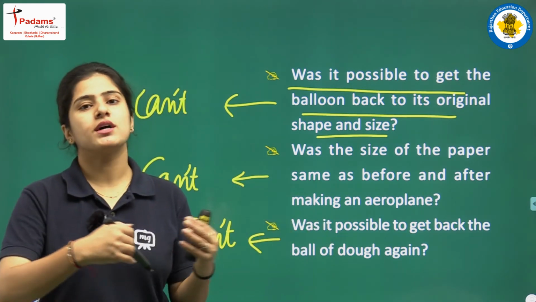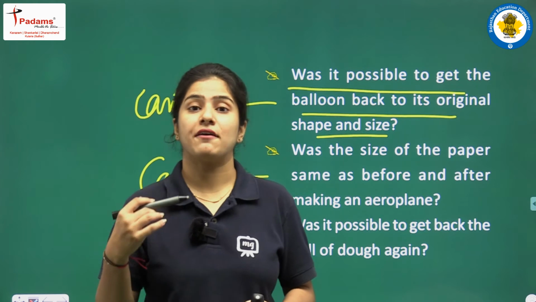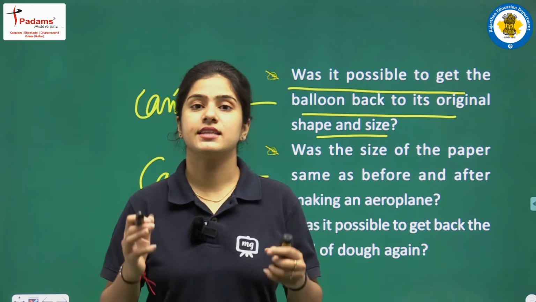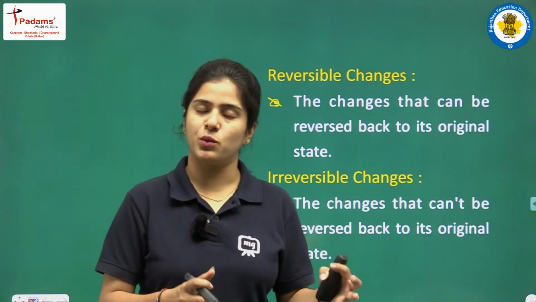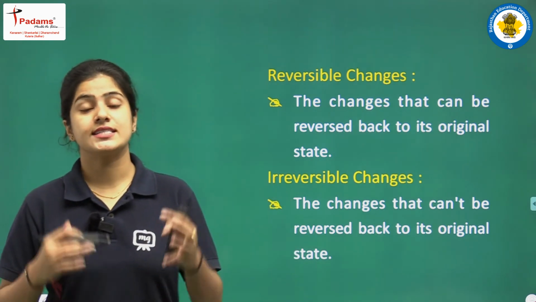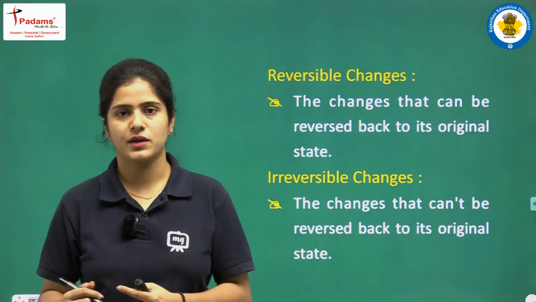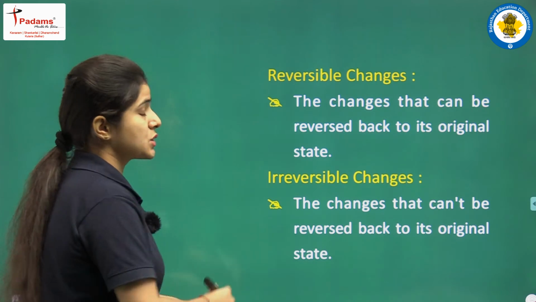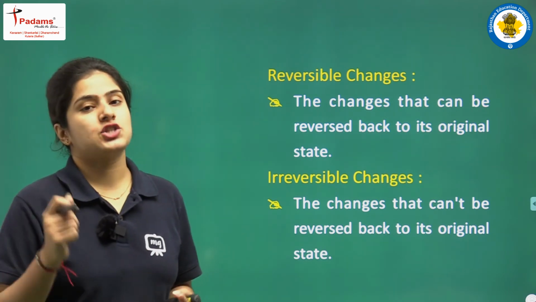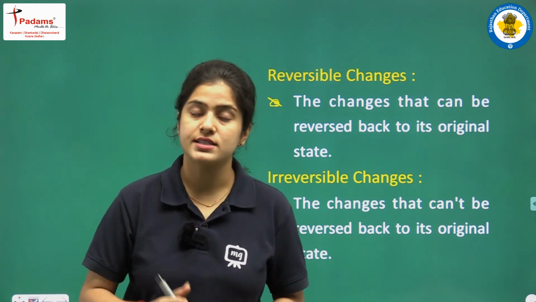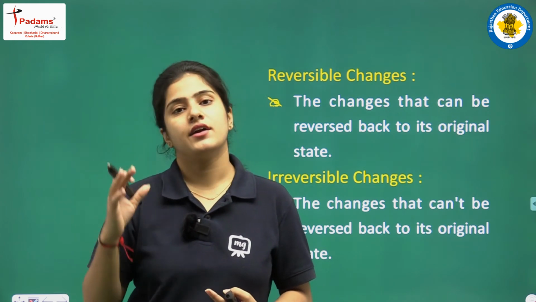So in these particular changes and activities that we have done, we have discussed that there are some changes that can be reversed and there are some changes that can't be reversed, okay students. So what are the reversible changes? The changes that can be reversed and backed off are called reversible changes.